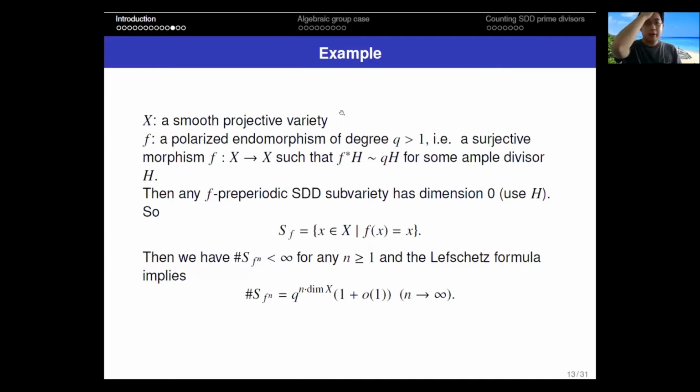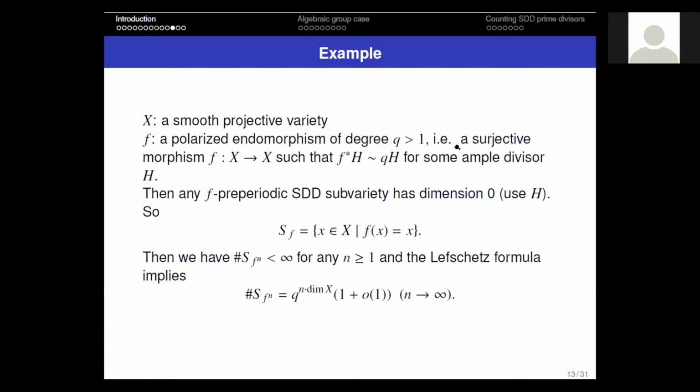Okay, then we consider the simple, easy case, the case where we can compute the set S_f directly. It is the polarized endomorphism case. X is a smooth projective variety, and f is a polarized endomorphism of degree q, q larger than 1.